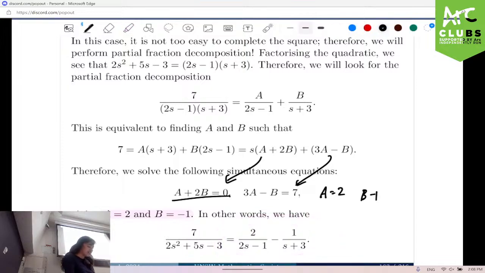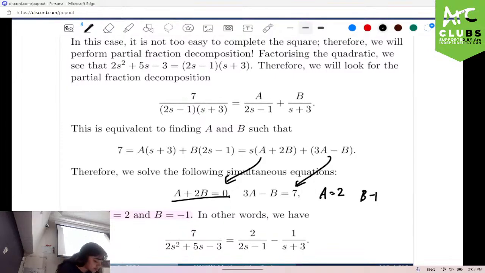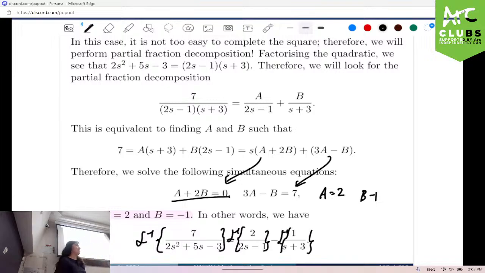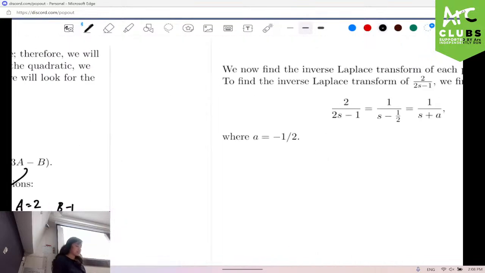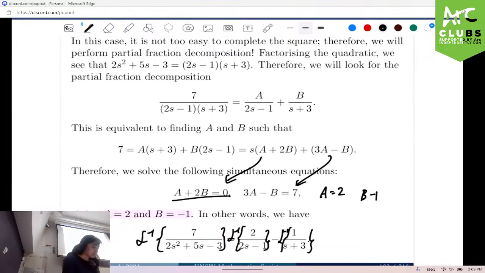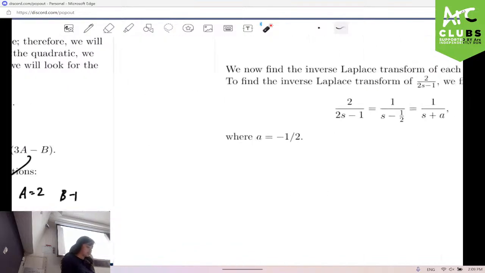Well, we now can find the inverse Laplace of this. Hold on, let me write it a bit nicer. Okay, so let's first find the inverse Laplace of 2 over 2s minus 1.